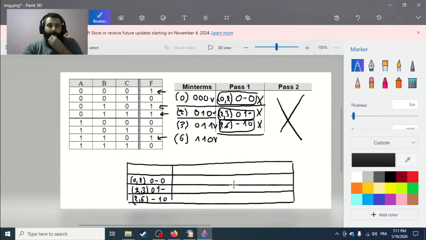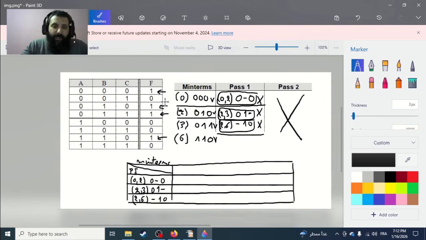This way. Here we have prime implicants, and here we have min terms.